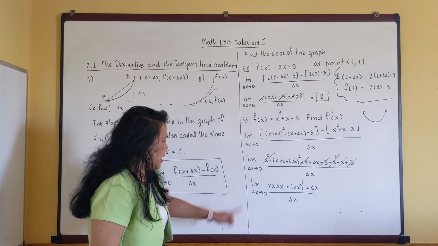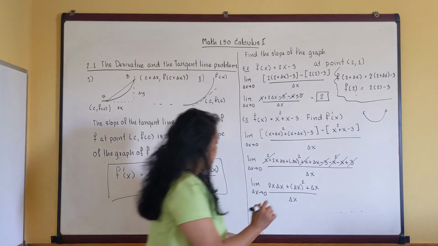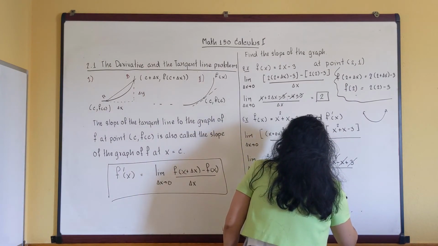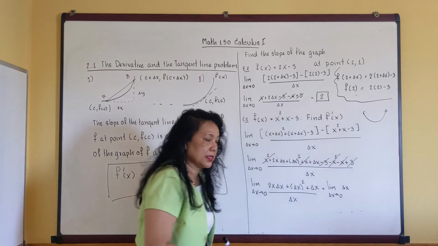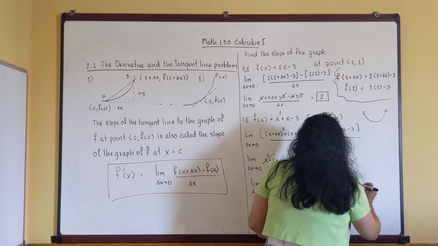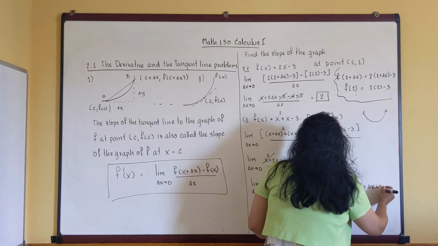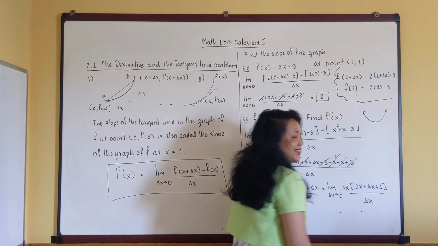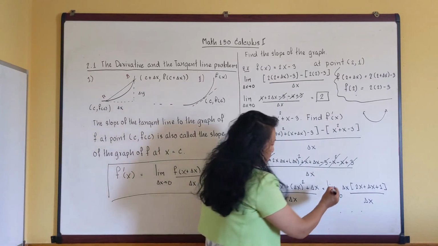Next step I'm going to factor out delta x. So I'm going to be left with 2x plus delta x plus 1 over delta x. Alright, cancel delta x.